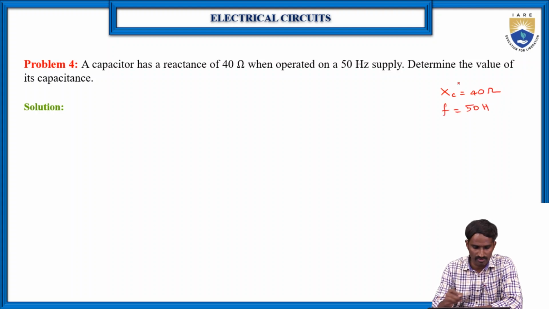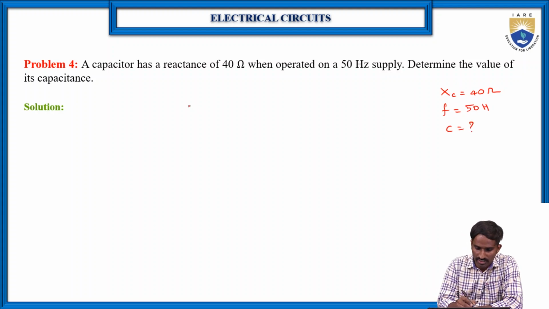What we have to find is the value of the capacitance, which means C is equal to how much. Then we know the equation Xc is equal to 1 by 2 pi F into C, right? So you just send this to this side, so that here C is equal to 1 by 2 pi F into Xc.